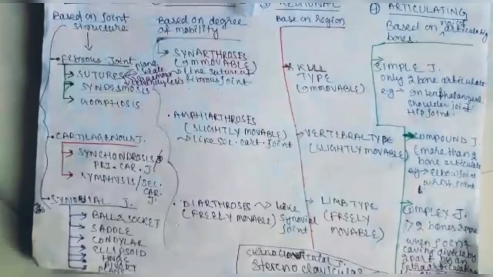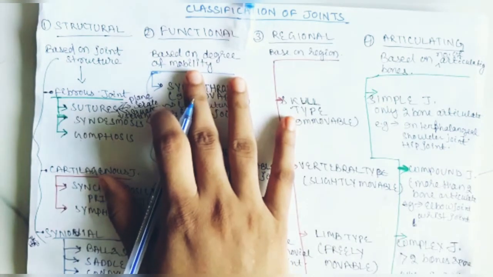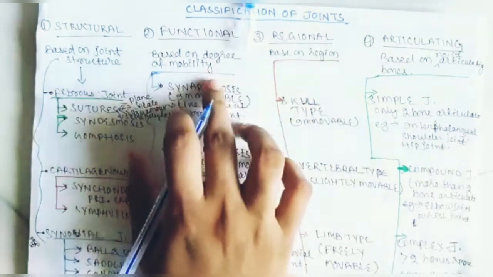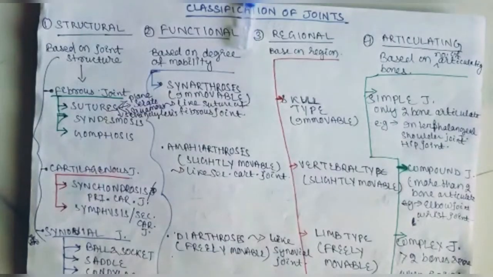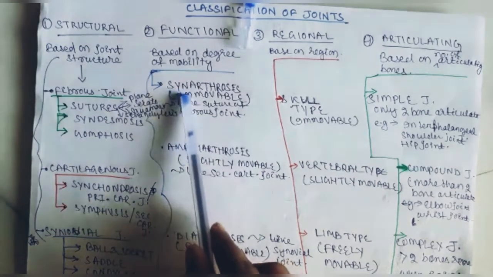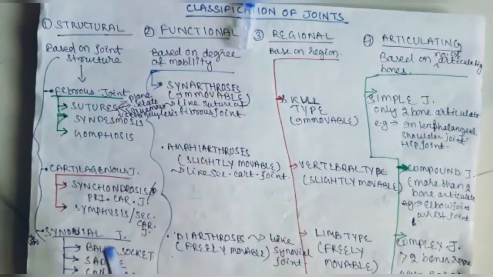Now, the second one is functional. Functional is based on degree of mobility. It all depends on the movement of the joints. It is again of three types: synarthrosis, amphiarthrosis, and diarthrosis.